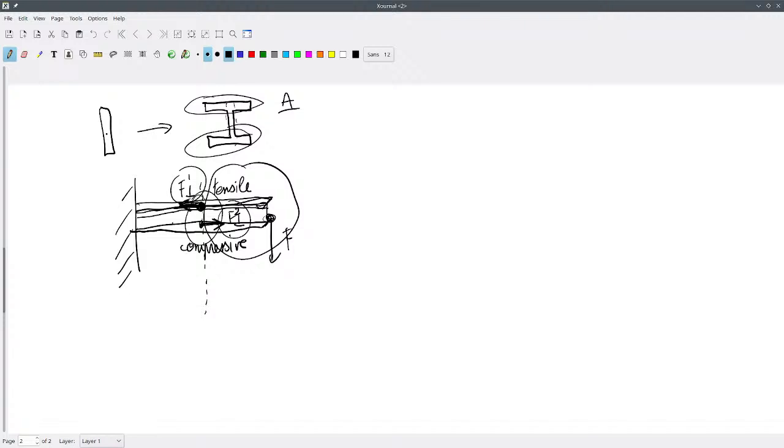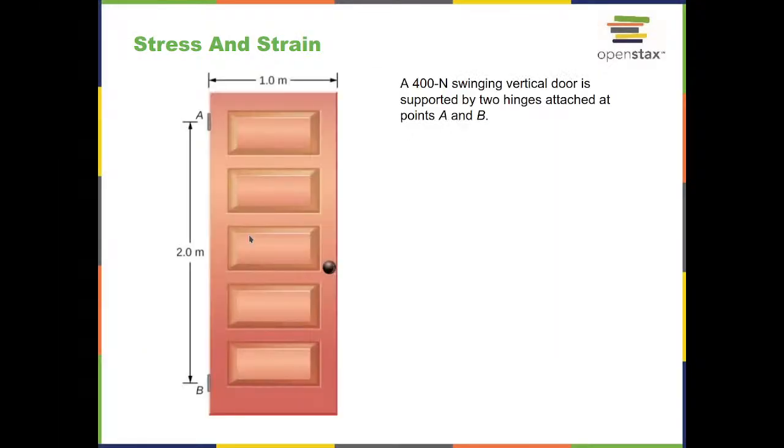This is exactly the same scenario with the force pulling towards the wall at the top and the force pulling away from the wall at the bottom, as we looked at last time with the door, right? Remember that we solved this problem, and we had the force at the hinge that is pulling the door towards the wall at the top, and is pushing the door away from the wall at the bottom.